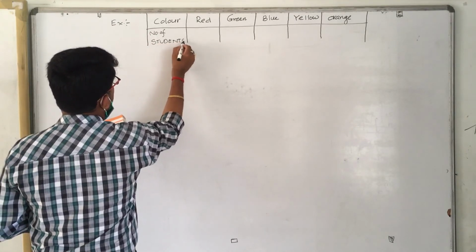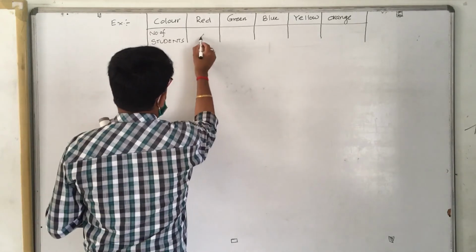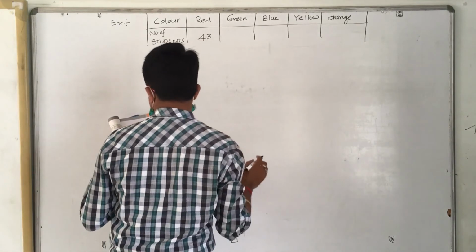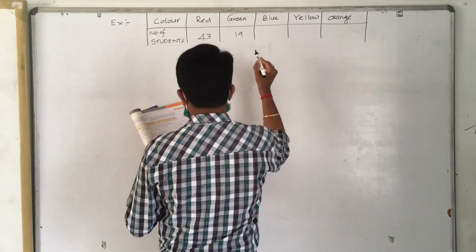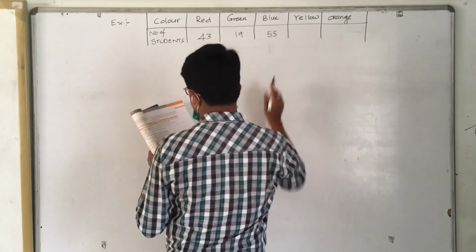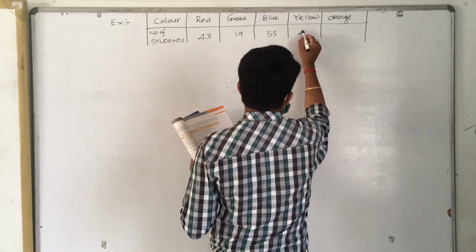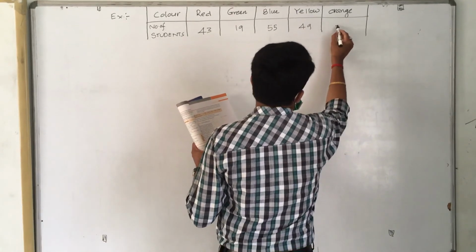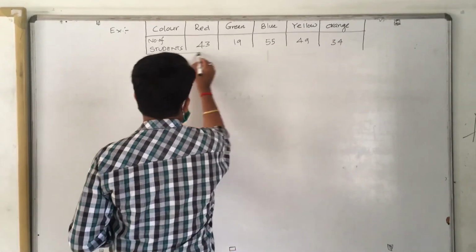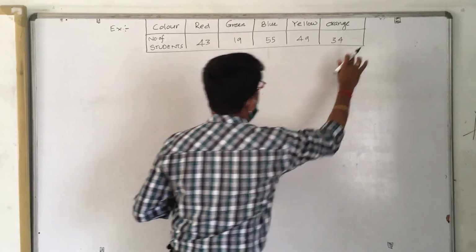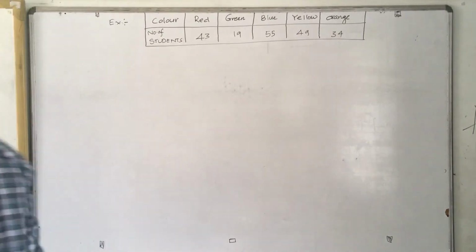Means number of students who like this color: 43 students and 19 students and 55 students, 49 students and 34 students. Am I right? Now this I am going to represent on a bar graph.